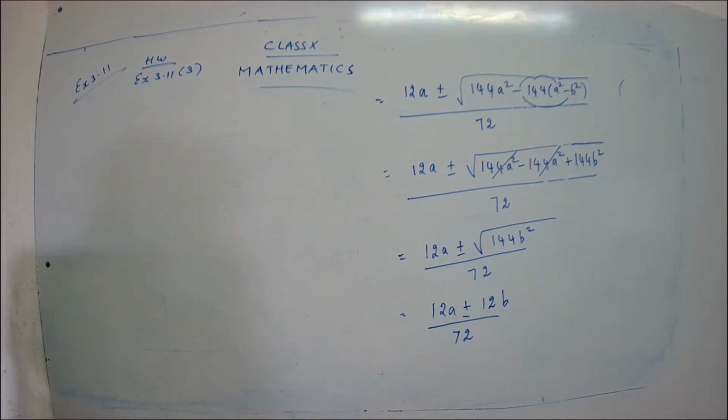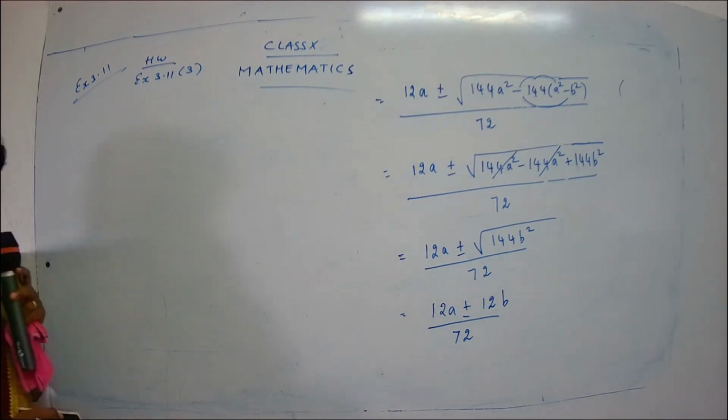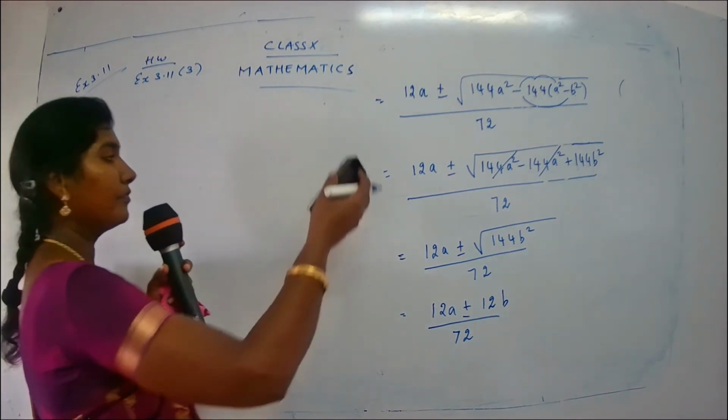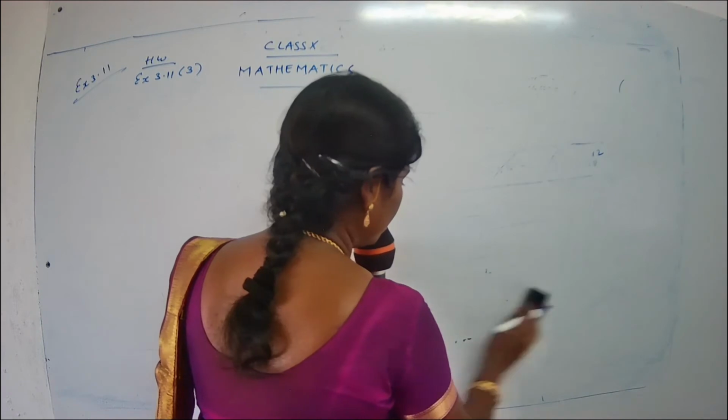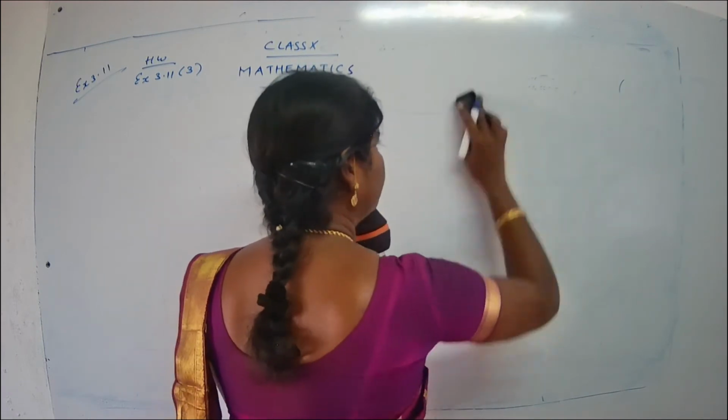So many things we have studied in maths. Everything we have to apply in our day-to-day life and go on applying it for our higher studies. Everything has a continuity, so you should know each and everything.